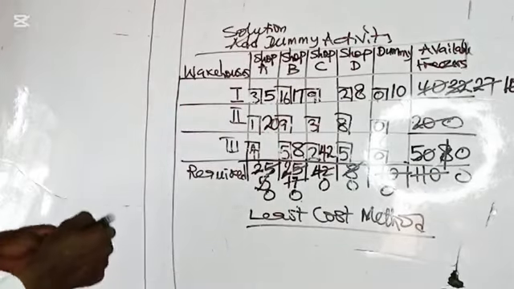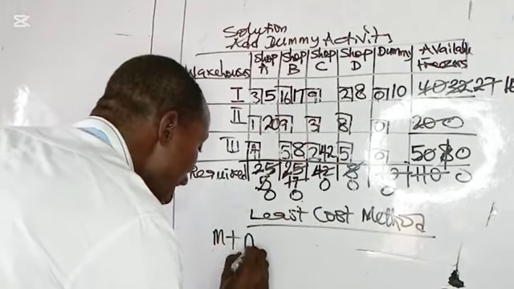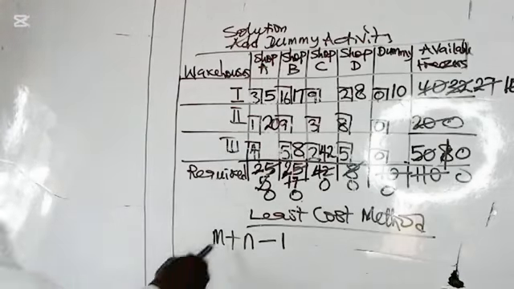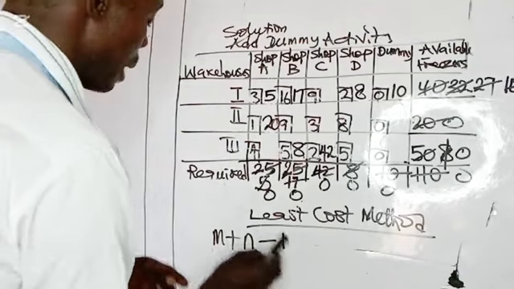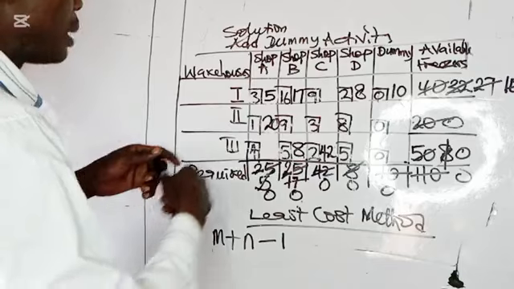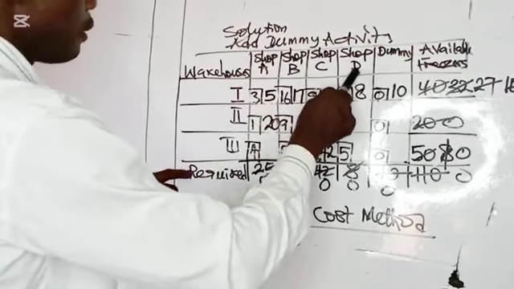Now, I've told you your allocation should be m plus n minus 1, where m is the number of rows, n is the number of columns, then minus 1. How many columns do we have? 1, 2, 3, 4.